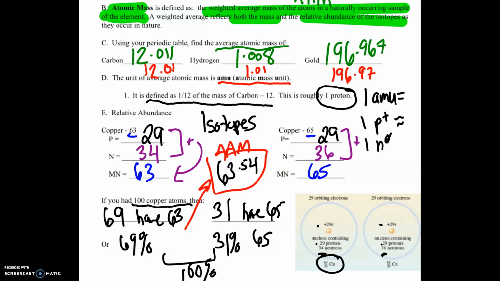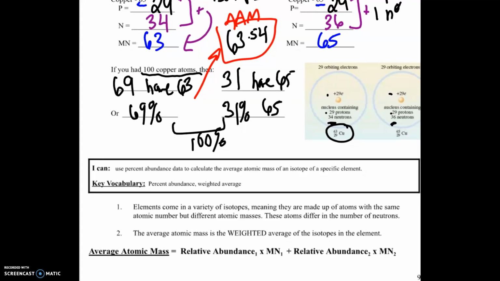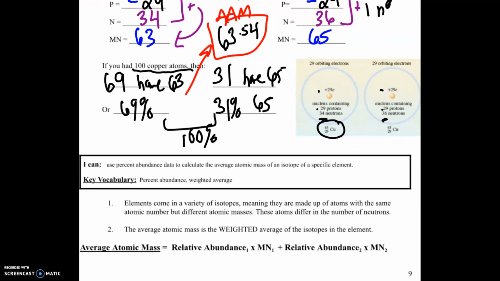Now we're going to actually show you how to put all these pieces together. So here's our next I can statement, and also a really important equation that we'll give you for the test. So here it is. I can use percent abundance data to calculate the average atomic mass of an isotope of a specific element. So like I showed you, elements come in a variety of isotopes.